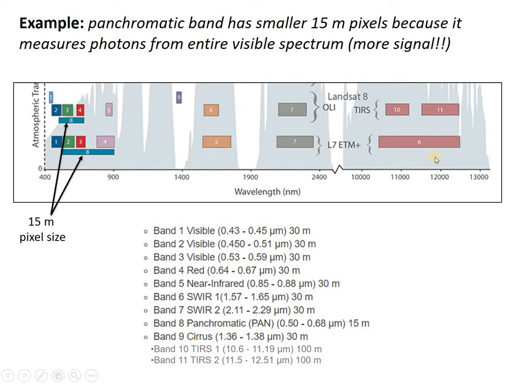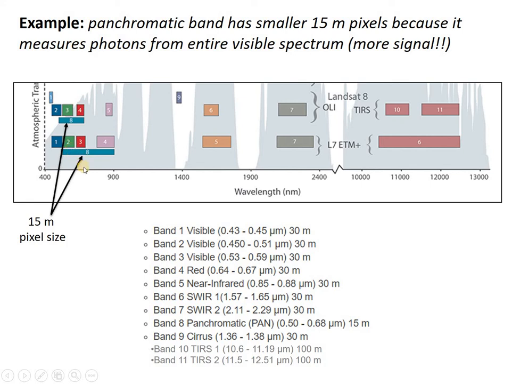That's because the photons at these higher wavelengths, these far infrared or thermal infrared photons, have very little energy, so you need a lot more of them to build up a measurable signal. That's why, for example, on Landsat 7, band 6 spanned a really big range of wavelength because it needed more photons to get more energy. Over here, the blue band is pretty narrow because a given blue photon has quite a bit of energy.